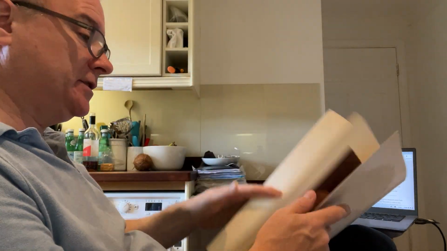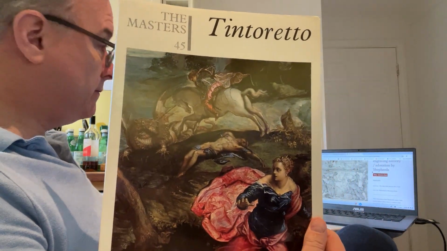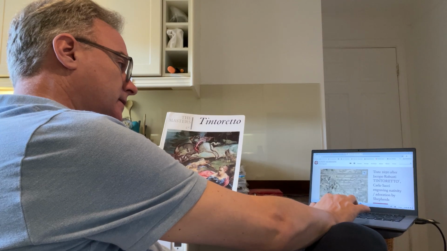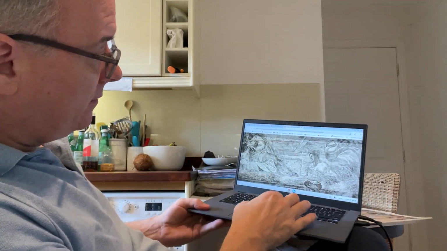Okay, so you can tell I like Tintoretto. That's the St. George picture. I'll just show you again this print we have of the Nativity.